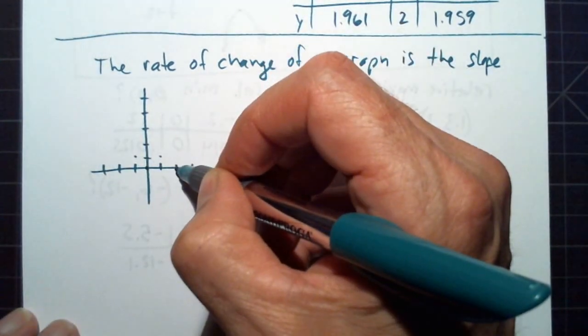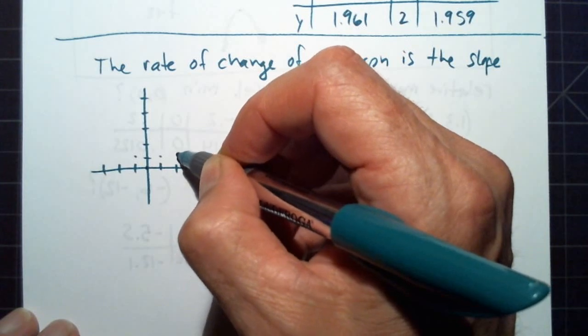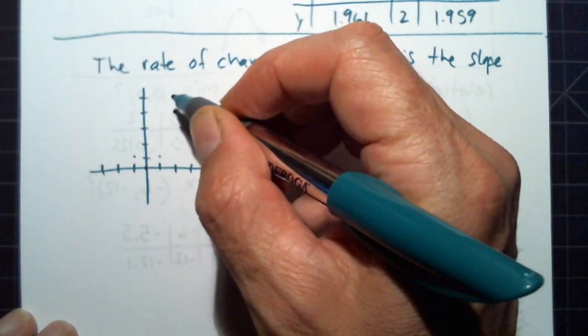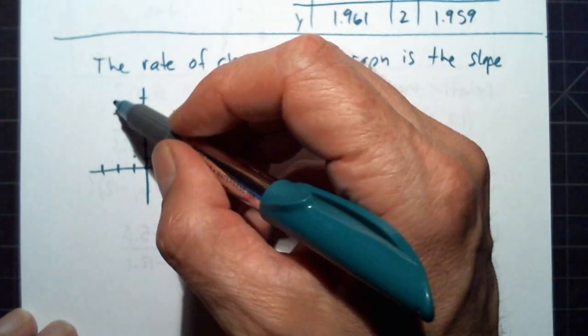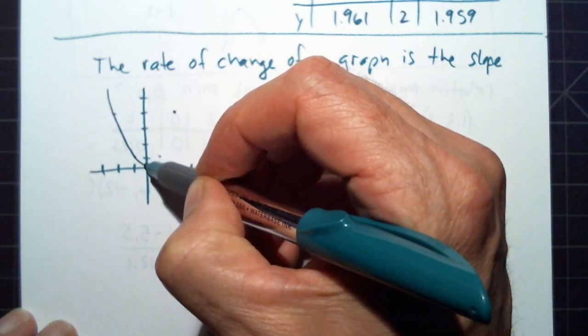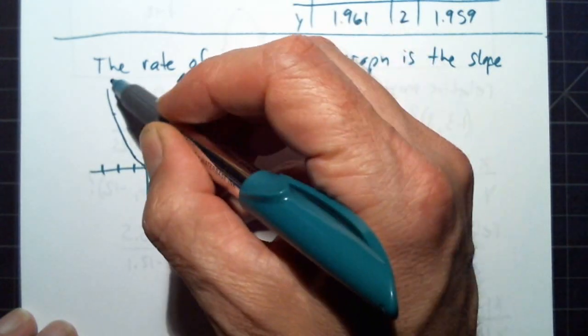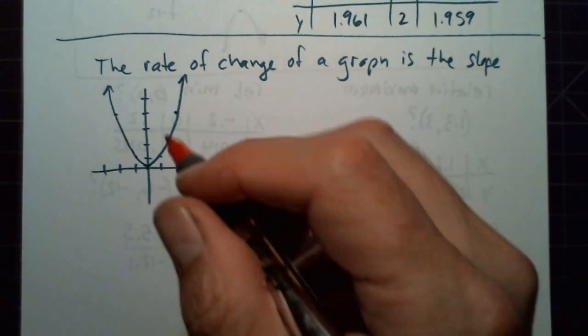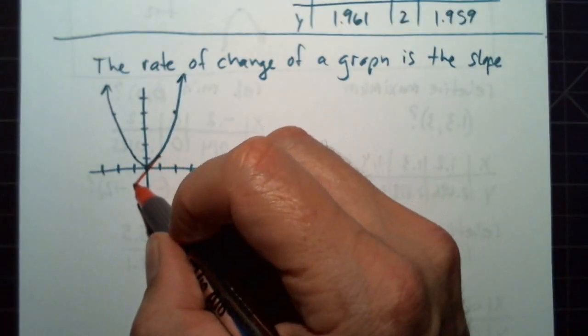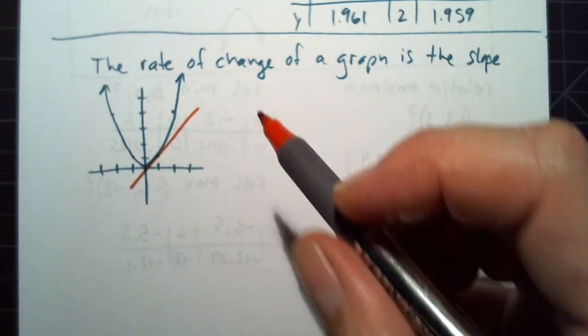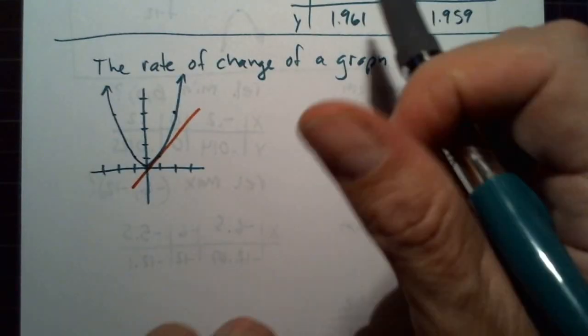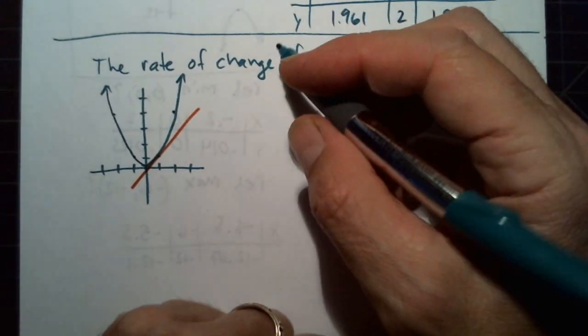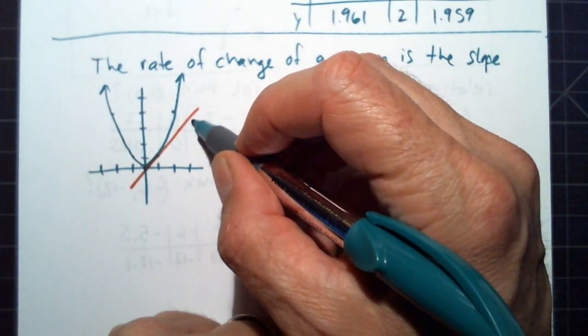So and then we're going to go over 2, up 4, and this is x squared. So we have a parabola, and if we looked at the slope right at that point, that's called the instantaneous rate of change.